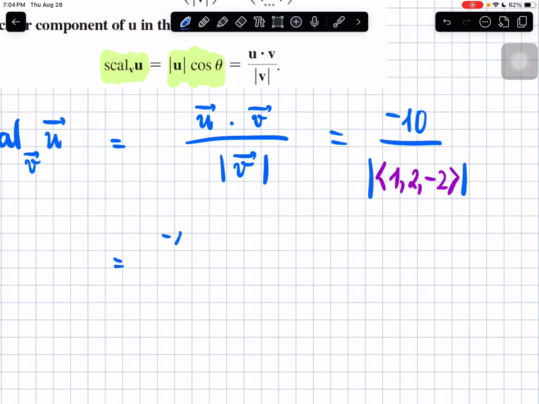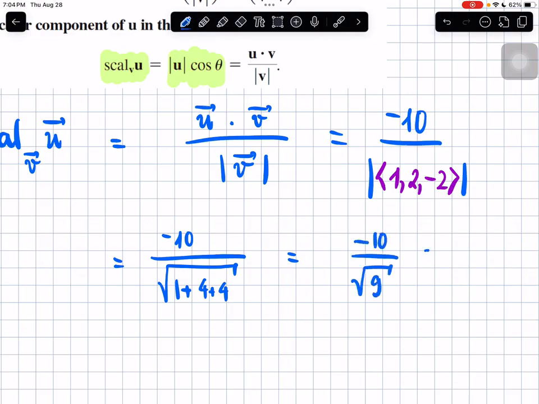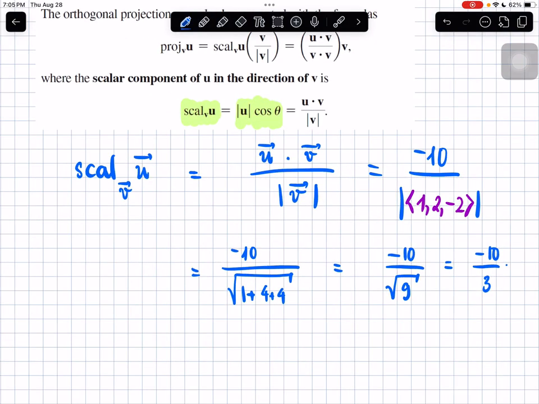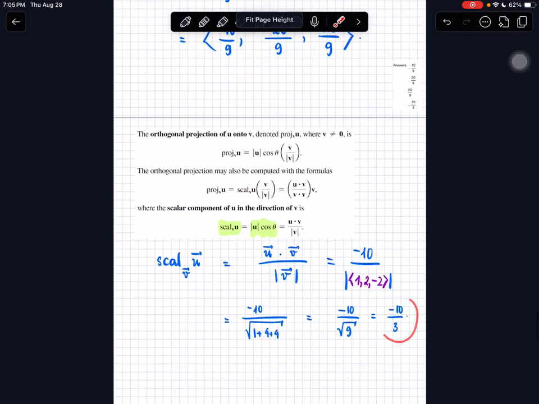So minus 10 divided by the square root of 1 plus 4 plus 4, so the square root of 9. So minus 10 divided by 3. So that gives us the scalar component of vector u in the direction of vector v. Here I have the correct answer, so it's the same as this one.